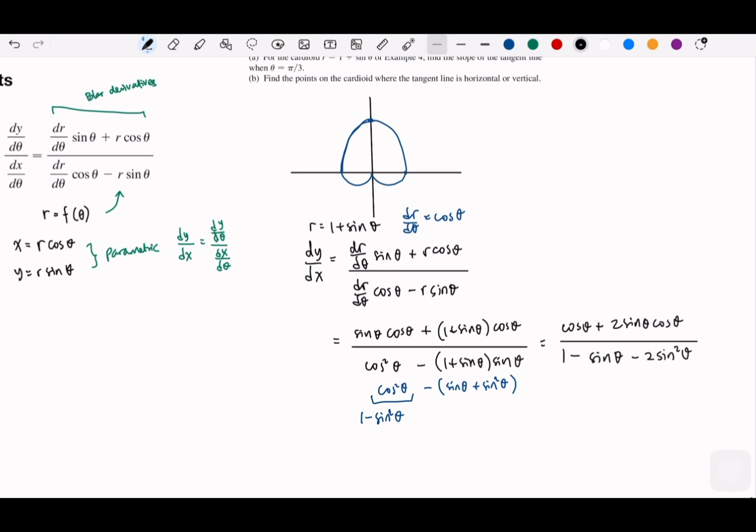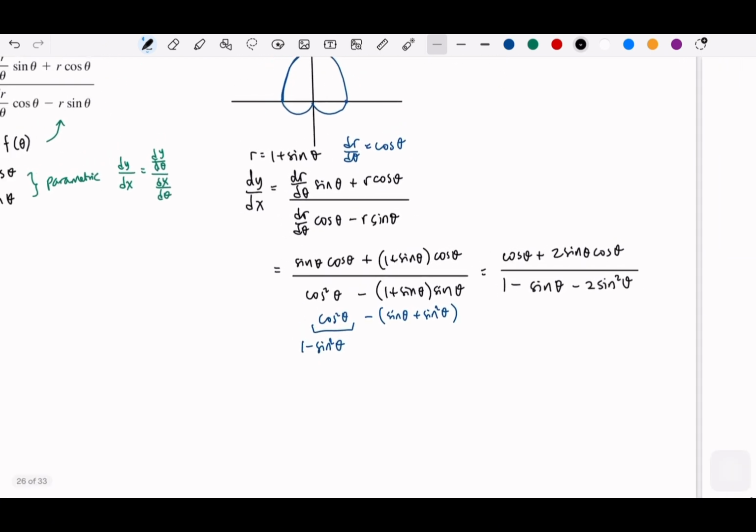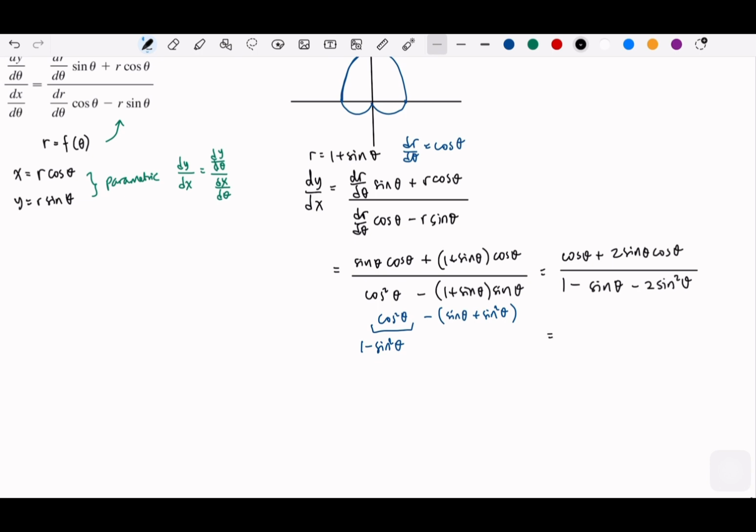And then this will be cosine theta. I will factor out.